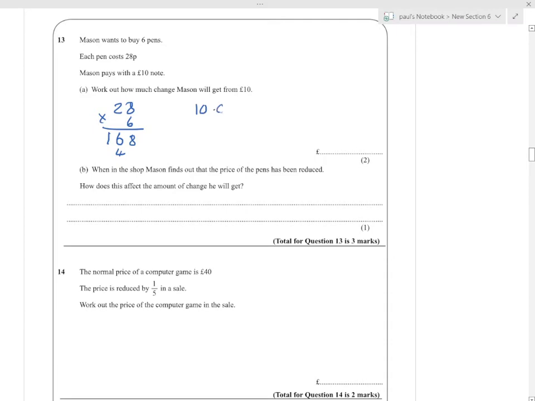So £10 minus £1.68 is going to be £8.32. When in the shop, Mason finds out the price of the pens has been reduced. How does this affect the amount of change? He will get more change.